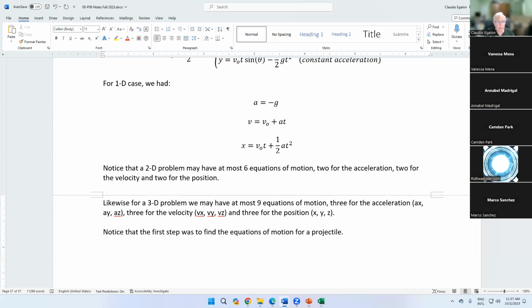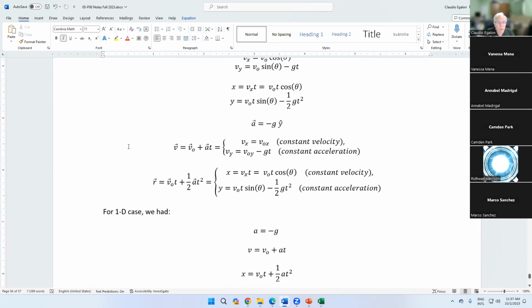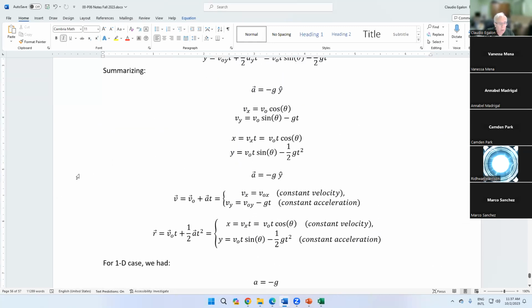And this equation that you see here, I'm going to write it down in a different way. It is what we call a set of parametric equations. I don't want this one, I want the other one, this one here.